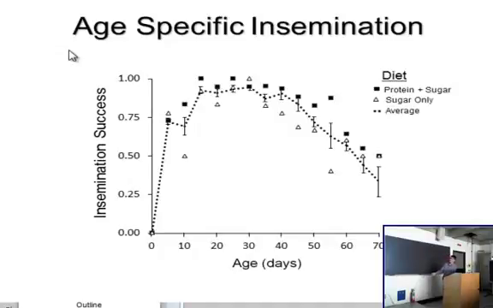There's this period where reproduction is maturing early in the lifespan, and then it reaches a peak about midlife, and then following about 35 days, there's evidence of reproductive senescence in the males. This finding is pretty novel. There's not a lot of work done on lifetime reproductive success of males.